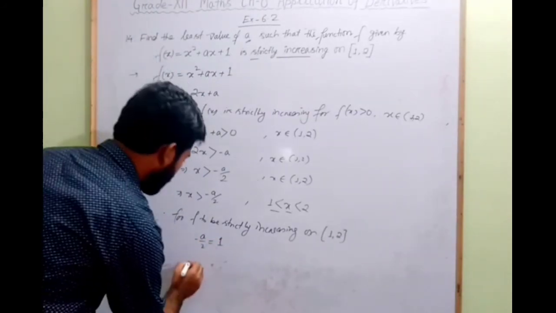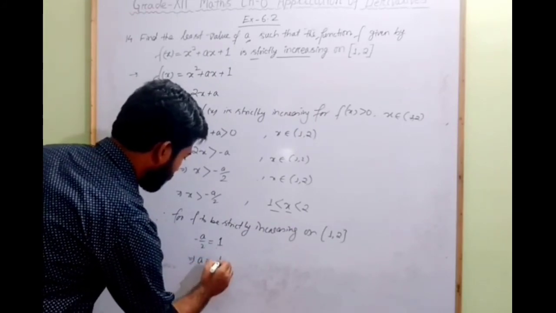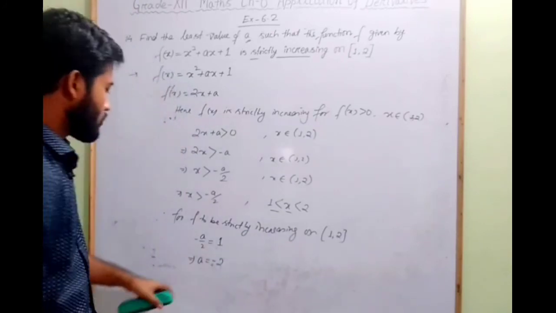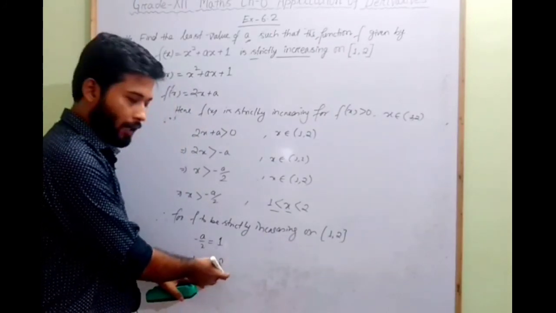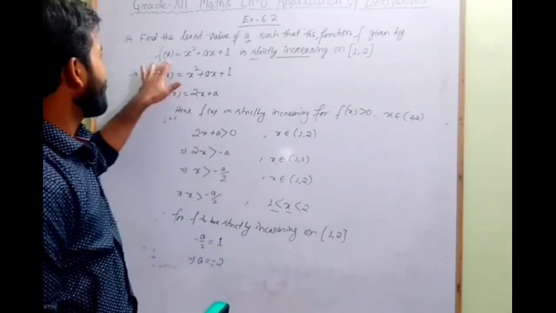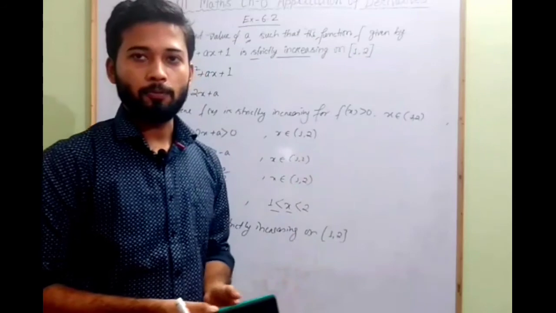Fine. And from here we get a is equal to minus 2. So a equal to minus 2 is the least value of a for which the function f(x) is strictly increasing over the interval [1, 2].